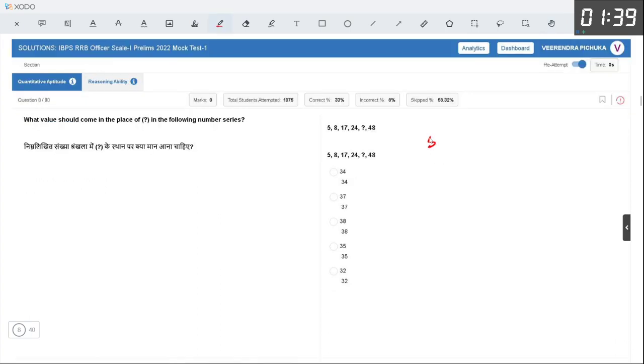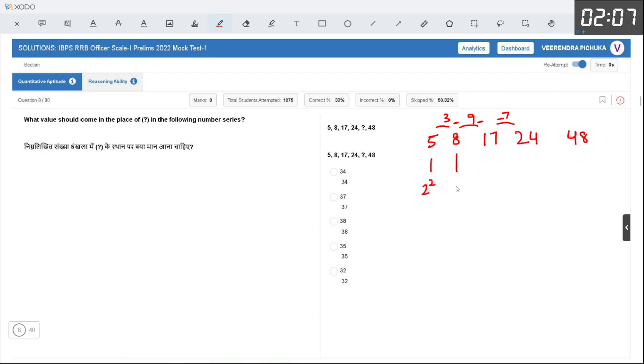See here 5, 8, 17, 24, 48. First you will take the difference and you will see 3, 9. Again here 7. Here something is different, there is no direct relation, but you can use squares and cubes to get an idea.